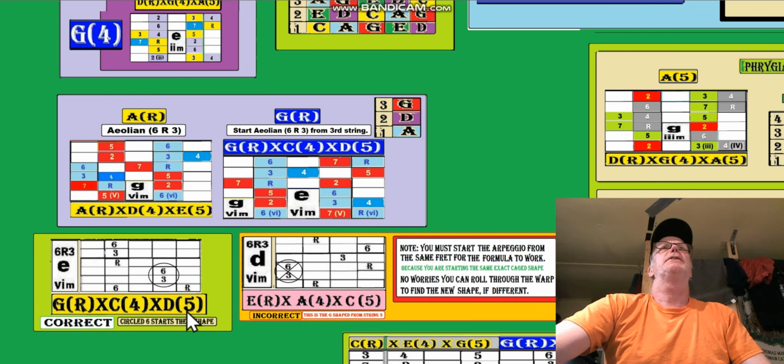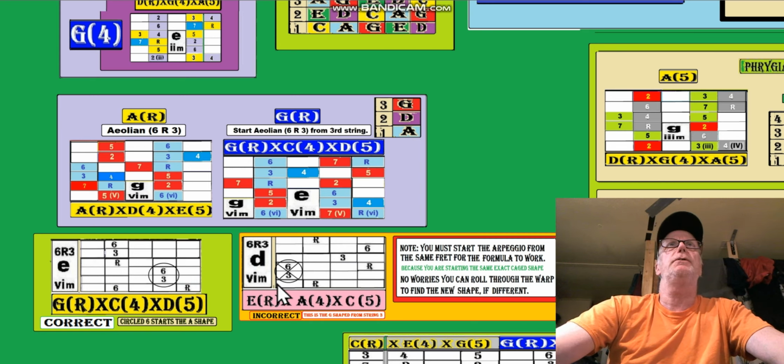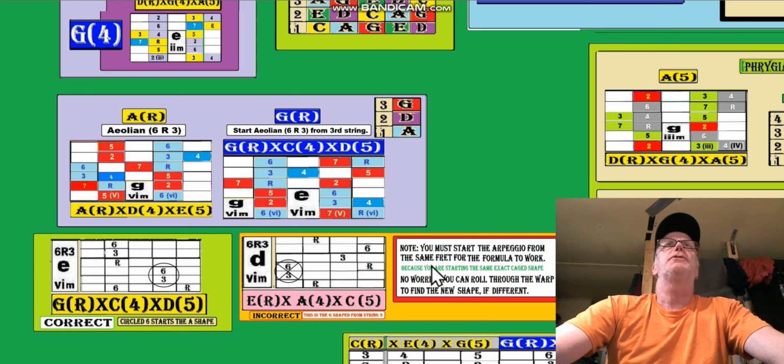Oh, one thing here, this is just talking about what I said before. Make sure when you start the shape on a new string that you're doing the same shape. Okay, so, you know, where you have 6-3, 6R3 here and an E minor type of thing, which is its relative is the G shape. Okay, you start that G shape over on this string there.